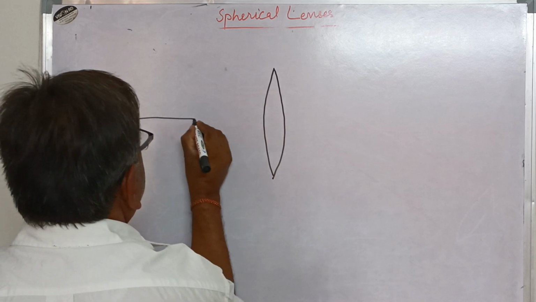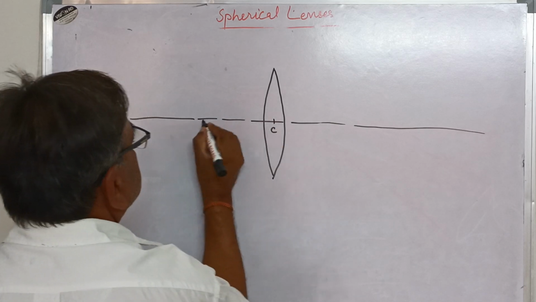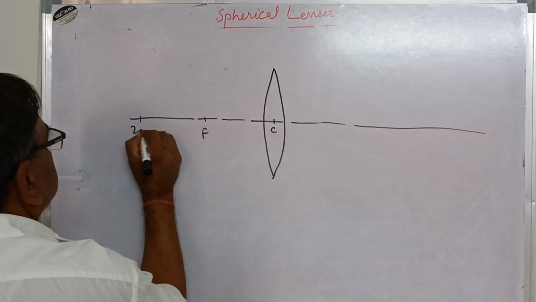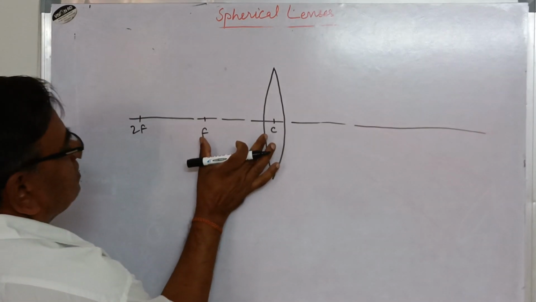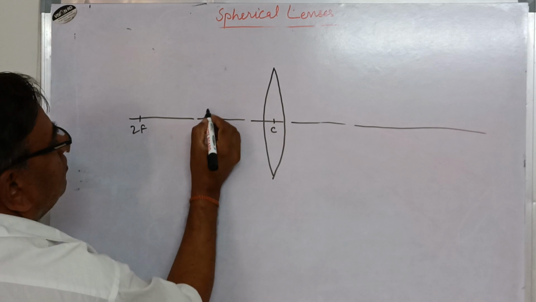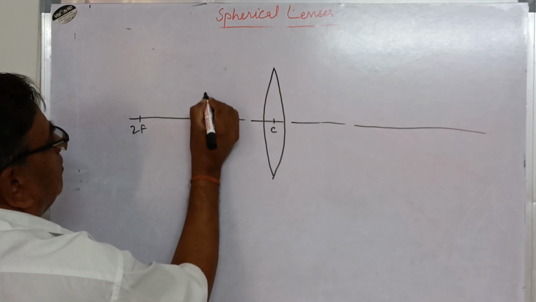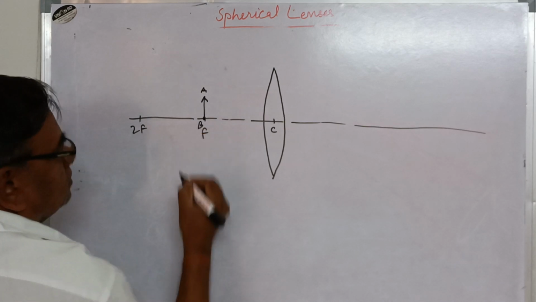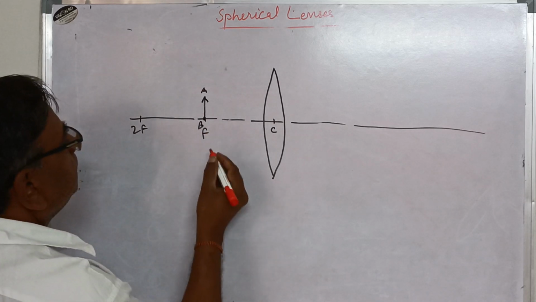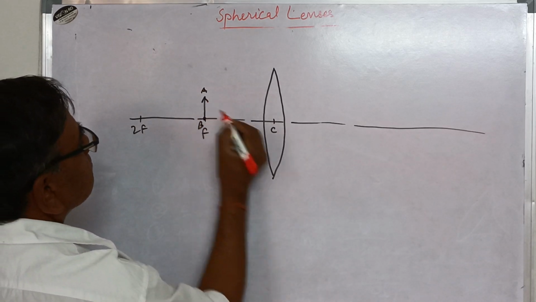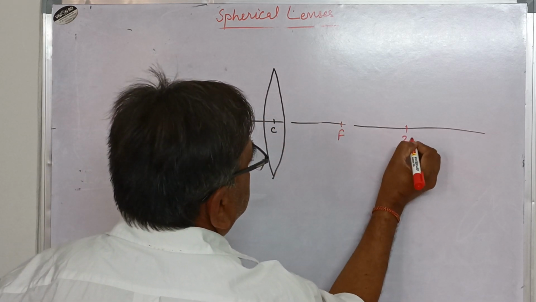This is the lens, this is the principal axis, this is the point C, this is the F, this is the 2F. Now let the second case. In first case we have seen the object was between C and F. Now let the object be on F. This is A, this is B. Object is on F. Now take a ray here at the same distance in this side, this is F, this is 2F.